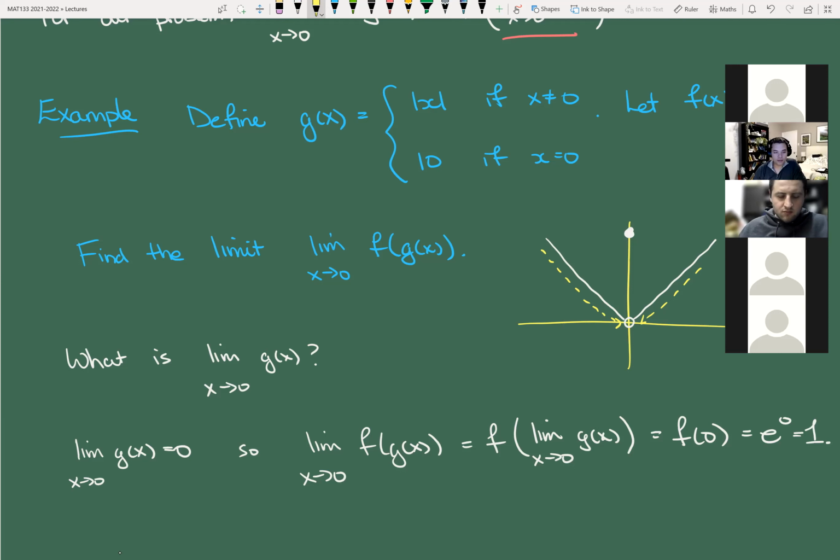What happens if we get complicated functions? As a general rule, you definitely could get complicated functions. But as with anything, when you get complicated functions, you want to try and break it down into easier and easier parts.